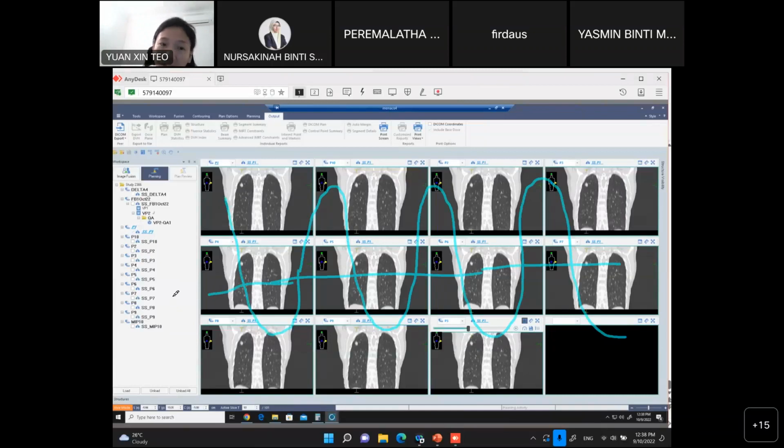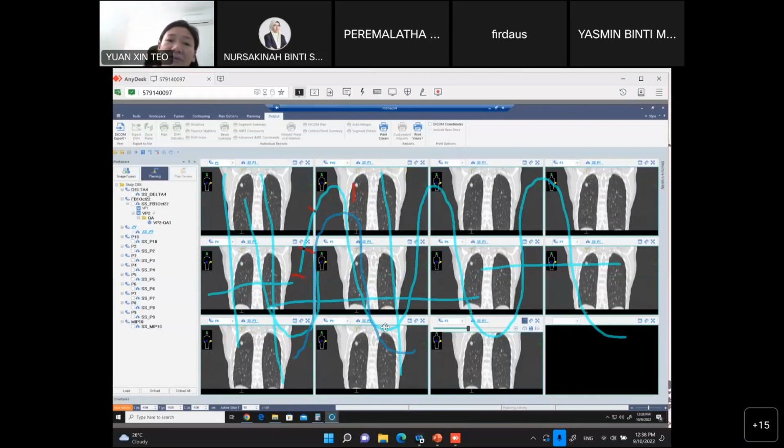After we scan, the CT scan will automatically split one cycle of inhale and exhale into 10 phases. You split it, let's say 1, 2, 3, until 10, into 10 CT images.